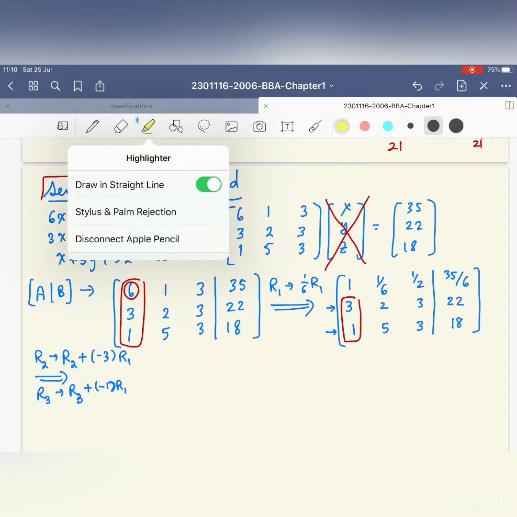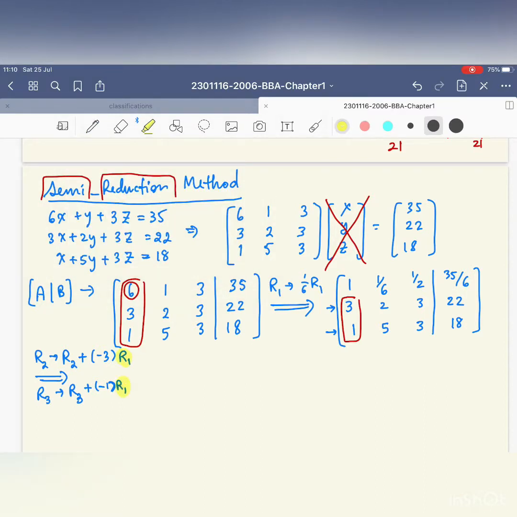You see the same old process. Your R1 just copy 35/6, and this column must be all 0, as we did previously. So this is the only part that you need to really concentrate on.